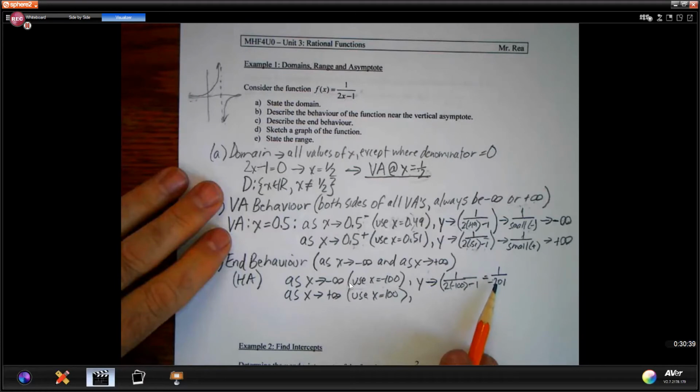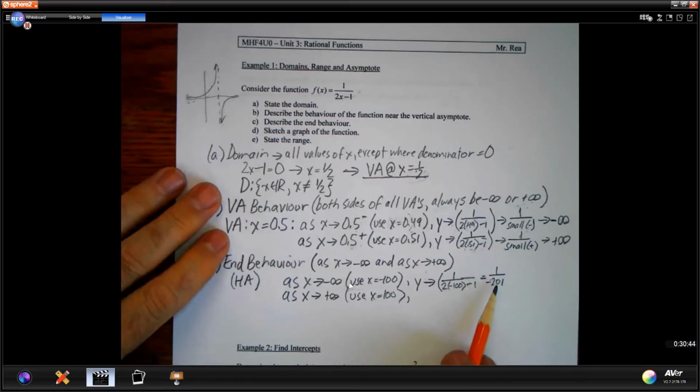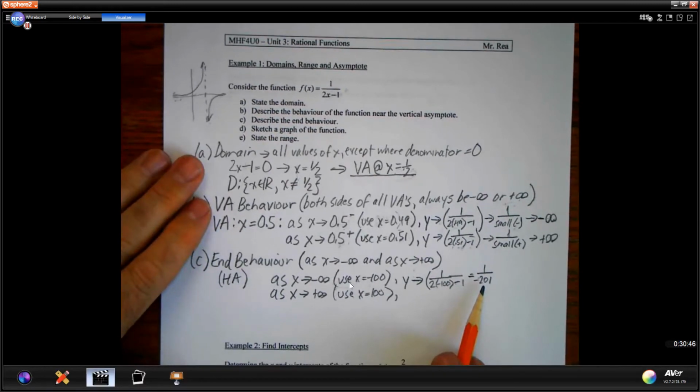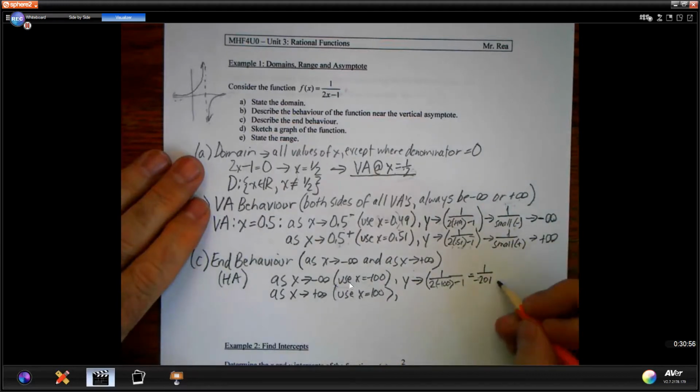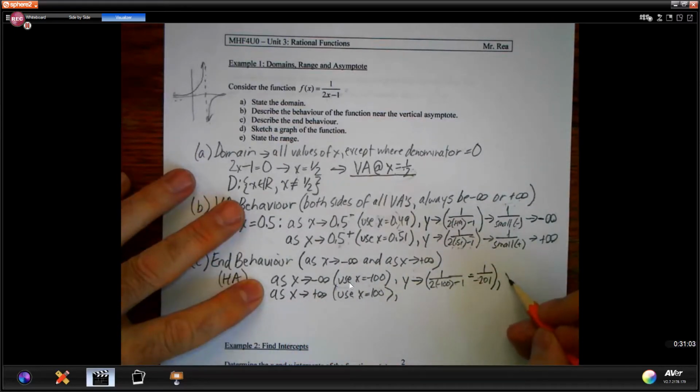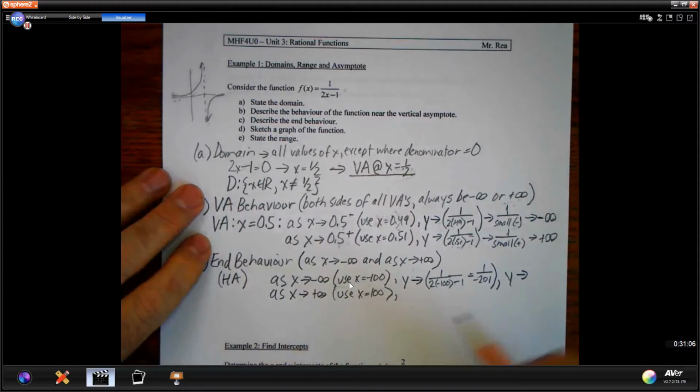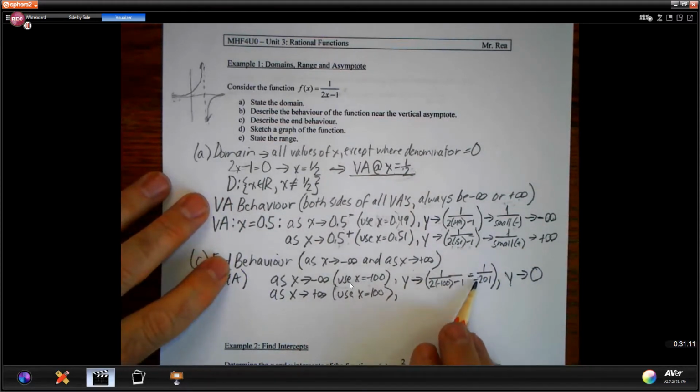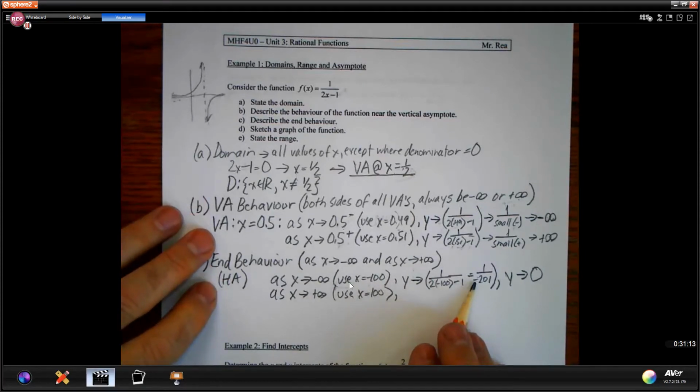Even looking at this, we know it's approaching 0, and this is really, really close to 0. But our real intent is to find out whether the line approaches from below or above. And you can see here, this is a really small negative value. So the way we define this: as x approaches negative infinity, y approaches 0, because that's where the horizontal asymptote is, and we know it's approaching from the negative side, or the left side.